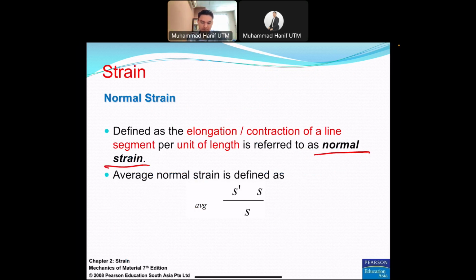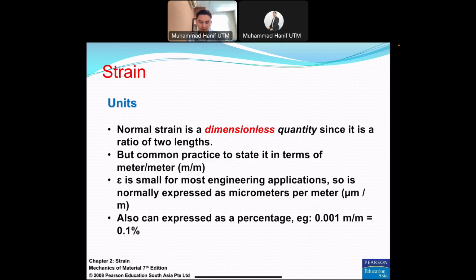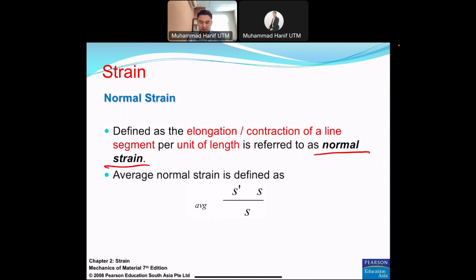So, average. Sorry, I think the slide is not showing everything there. Let me write for you here in the presentation. The normal strain is defined as epsilon, so it should be epsilon average. Make sure that we calculate the average.